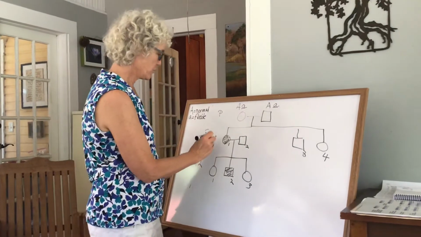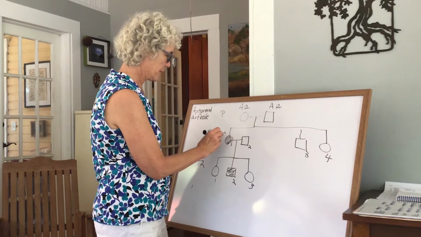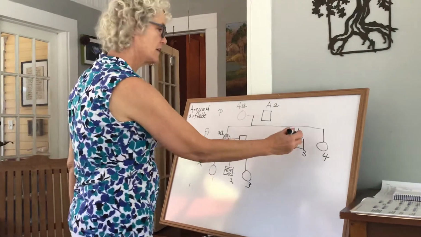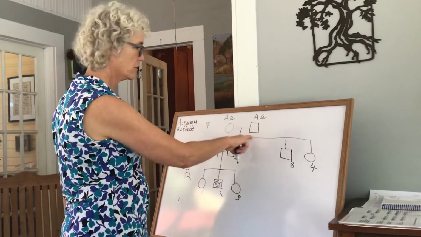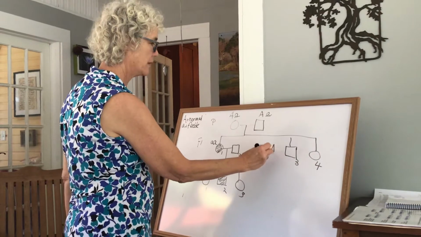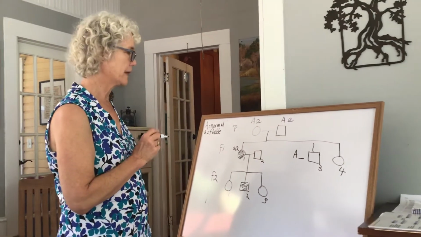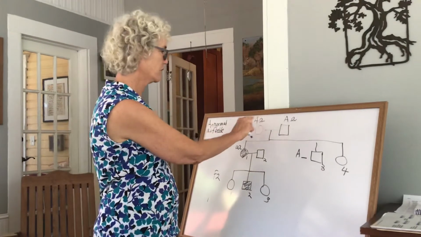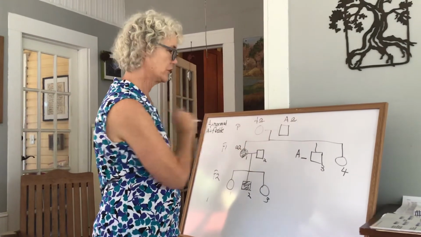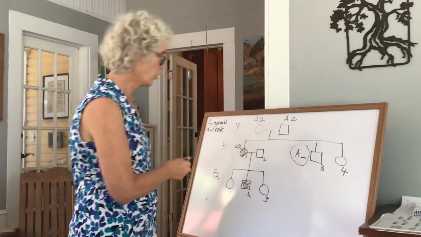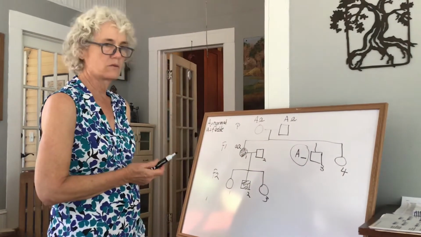This one I also know because it's feeble-minded, so that's pretty clear. Over here, these guys, I don't necessarily know, because they could be capital A capital A, or capital A little a as my combination. So both F1, 3 and 4, I don't really know.